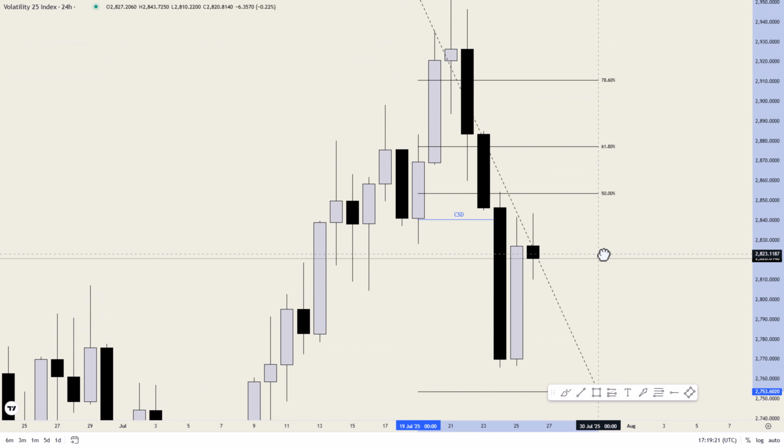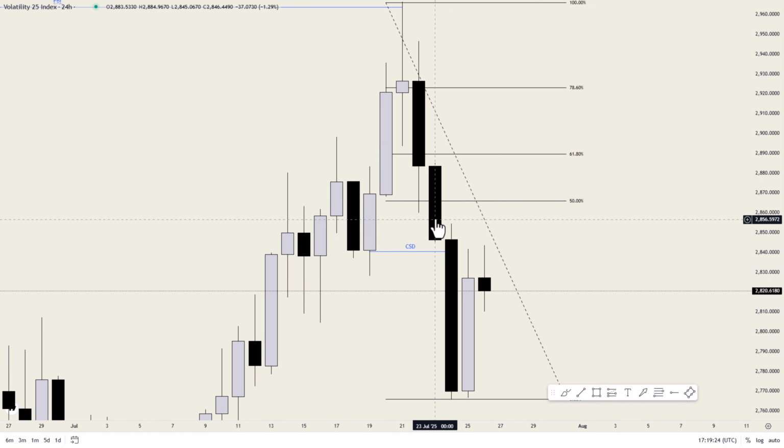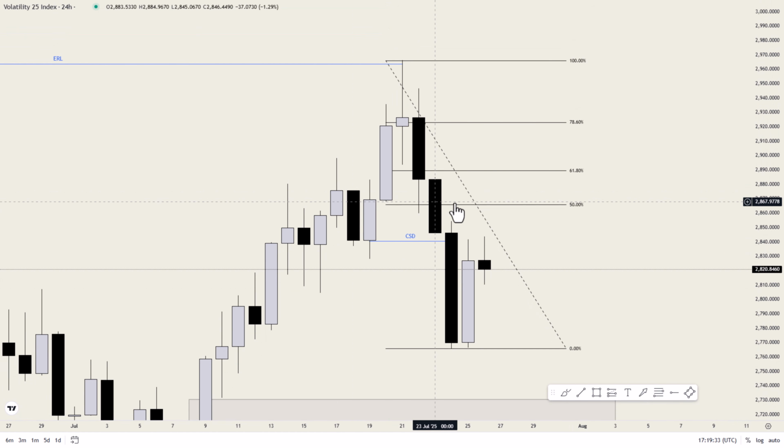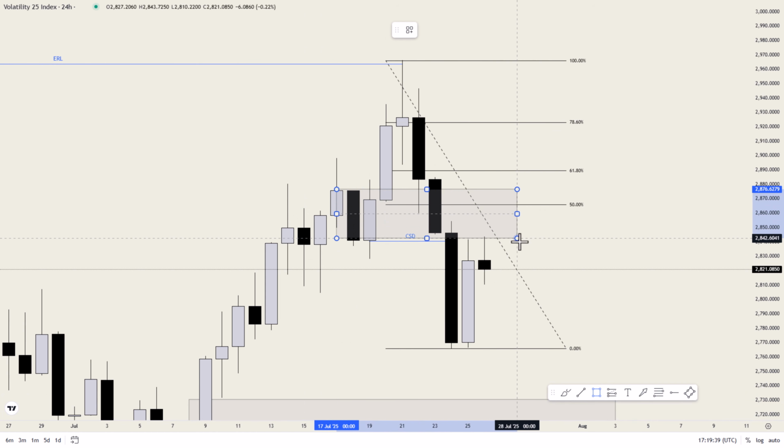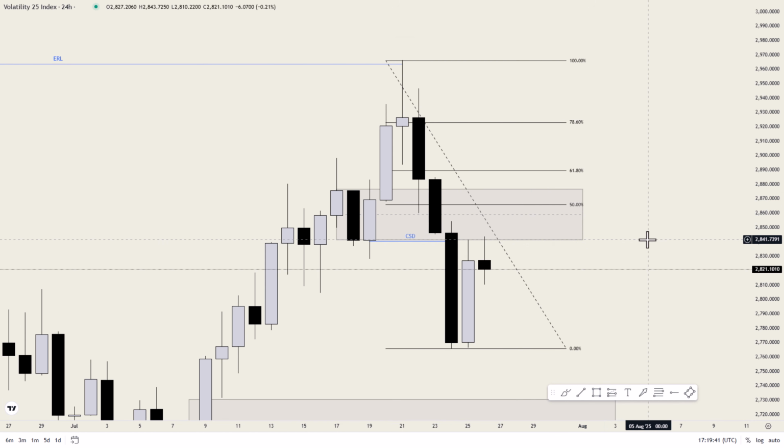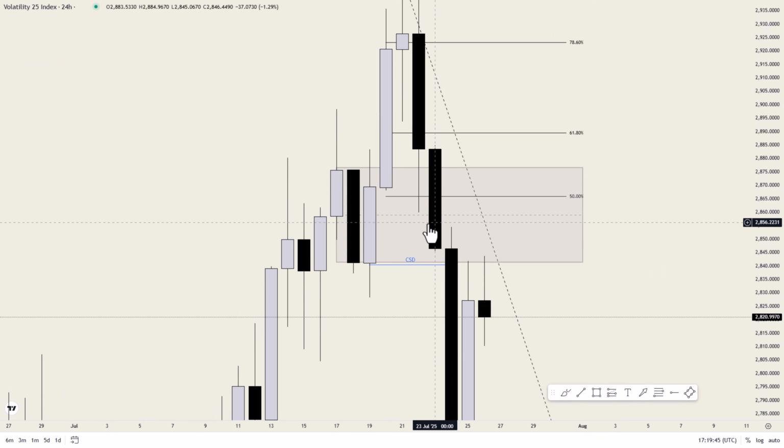But I want to see price coming into this fair value gap or coming into the 50% for me to sell. So if price does not come into the 50%, it's fine because we have a breaker block here. This is a breaker block, which price can hold at. Then this fair value gap is my point of interest because I want to see price coming into this fair value gap.